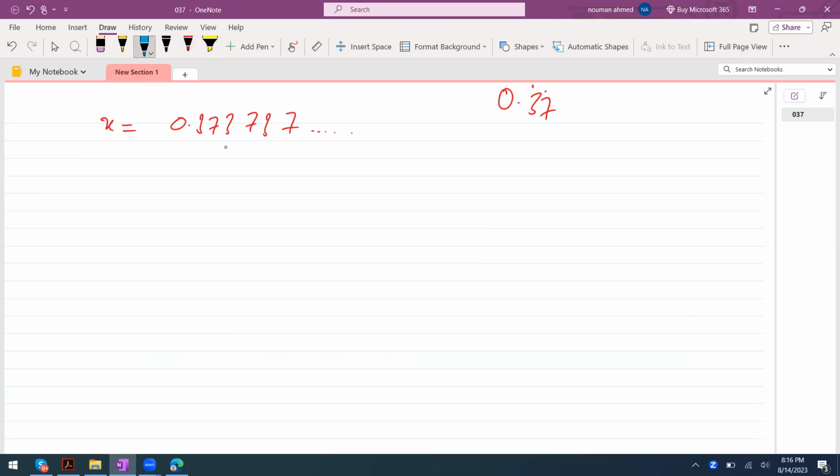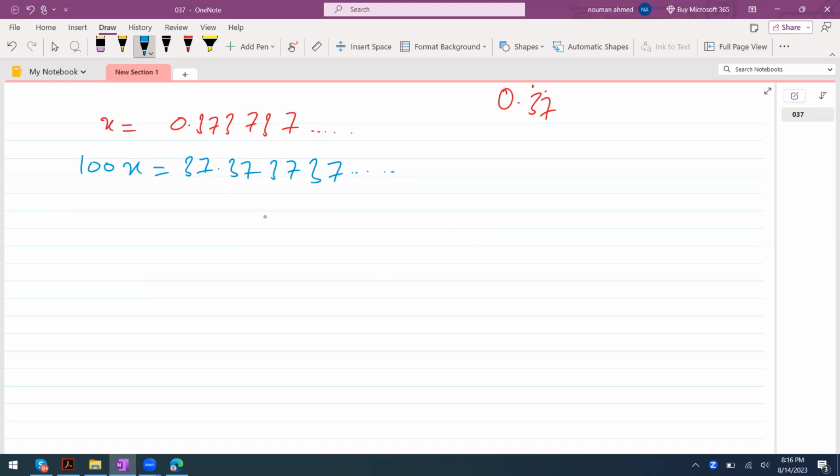So if x is equal to this, let's try 100x directly, because 100x will move this by two decimal places and we can subtract the repeating part. So what is 100x? Move two decimal places ahead. It's 37 point, again 3737 and so on.